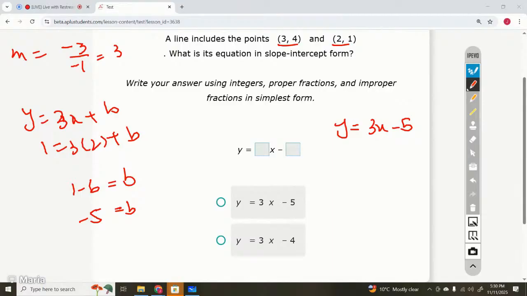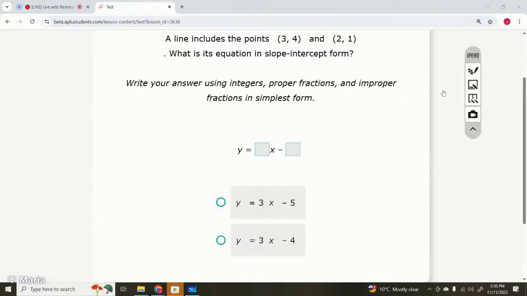The correct option is y equals 3x minus 5. Option number 1 is the correct option.